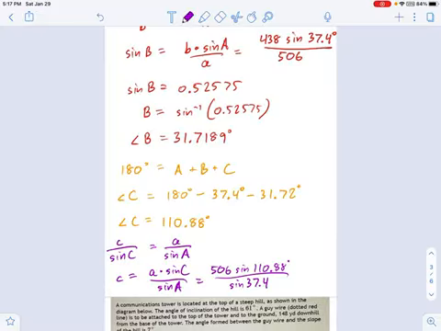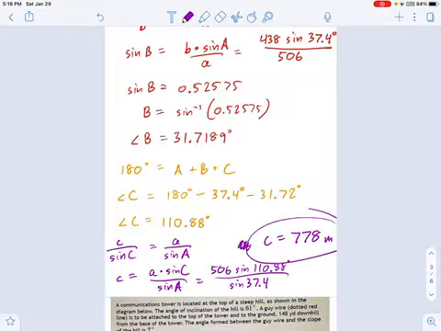Let's try this again. 506 sine of 110.88 divided by sine of 37.4. Pretty big lake. We get little c equals 778 meters. Okay, and that is the answer to this problem.